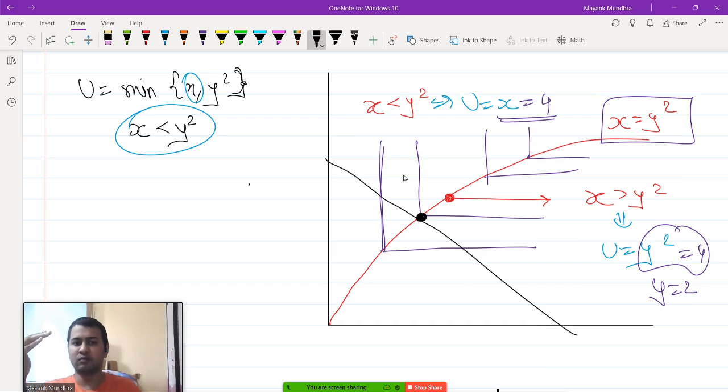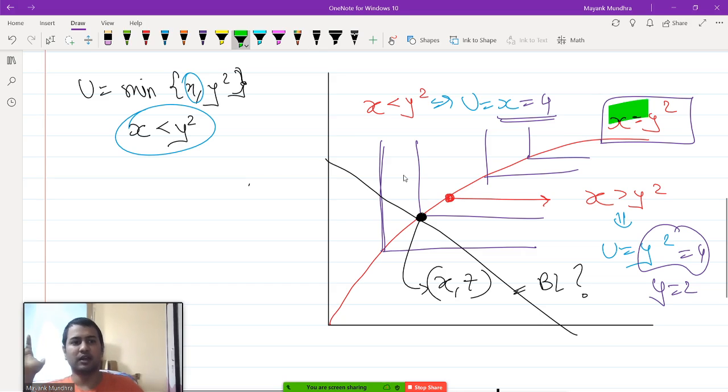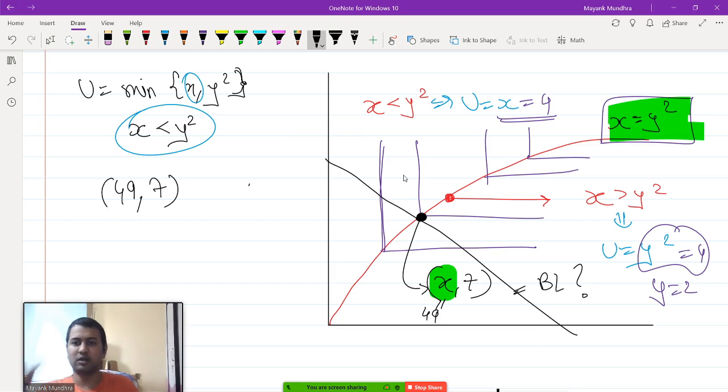So whatever this budget line is, this is unknown to me, but I know that this point is some x comma 7. So I know that this point lies on x equals y square. So x should be equal to the square of y. So I should have x equals 49. Okay, so the actual bundle he is consuming is 49 comma 7.